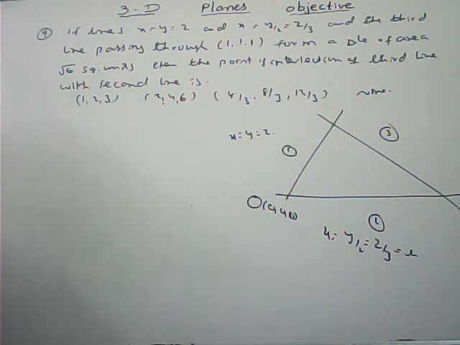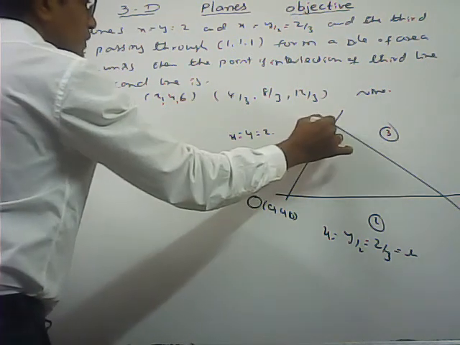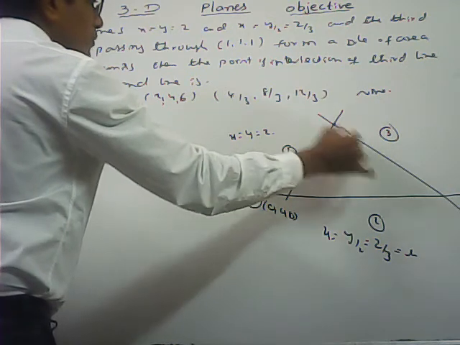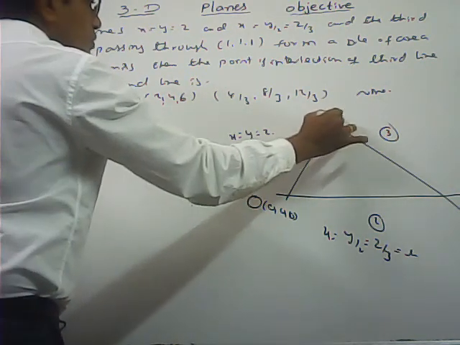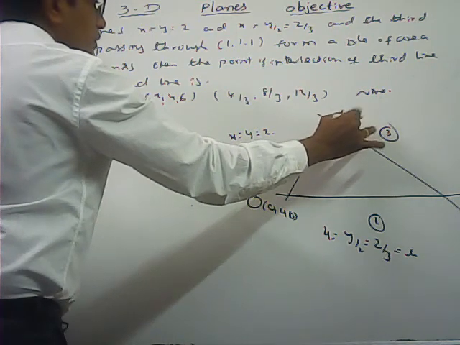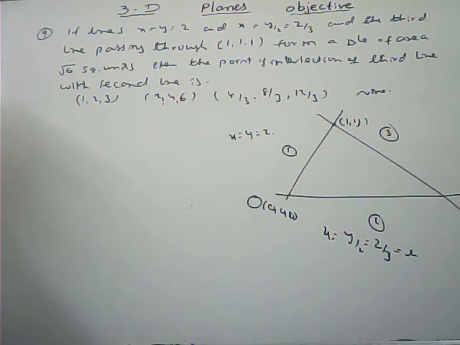Next, what is the point of intersection of the first line and the third line? Here the third line is passing through 1, 1, 1 and that satisfies the first line also. So 1, 1, 1 is the point of intersection of the first line and third line. Here we want the equation of the third line.